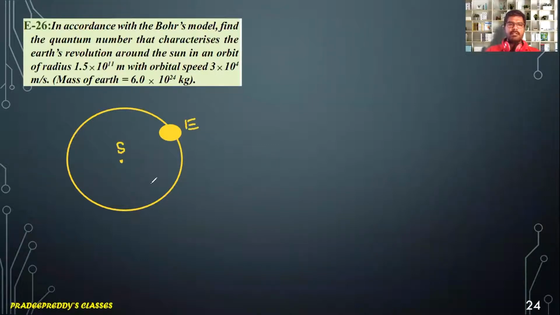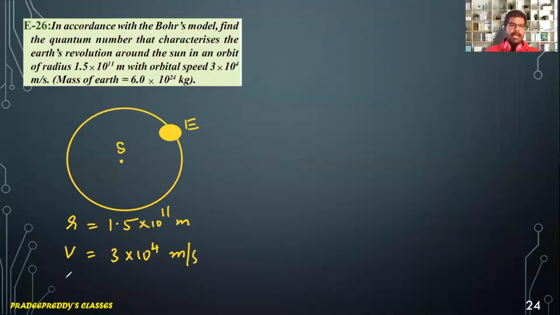Earth is revolving around the sun in particular orbit, and orbit radius is given 1.5 into 10 power 11 meter, and with orbital speed 3 into 10 power 4 meter per second. Mass of the Earth is given as 6 into 10 power 24 kg. This is the data given to you.